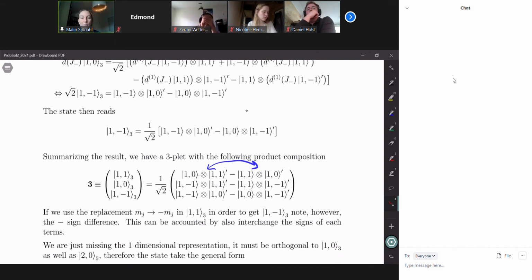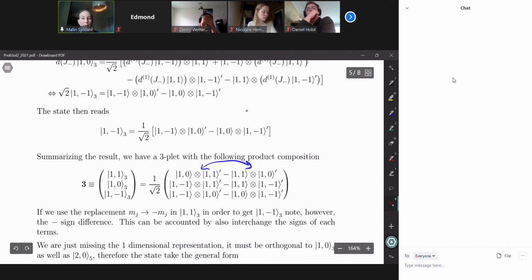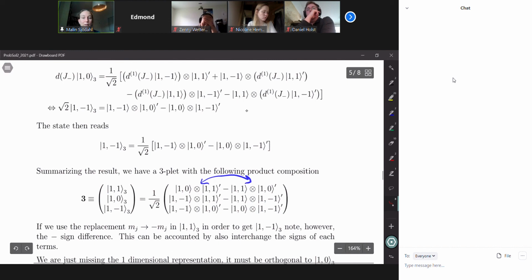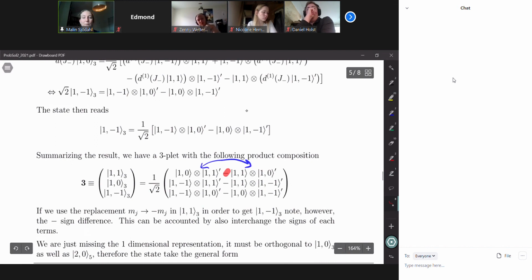And now if we have a look at this, we note that this state here is antisymmetric with respect to exchanging the two states. So with respect to exchanging the first and the second guy, it's antisymmetric because this state here will then be mapped into this state here, and they come with a relative minus sign.